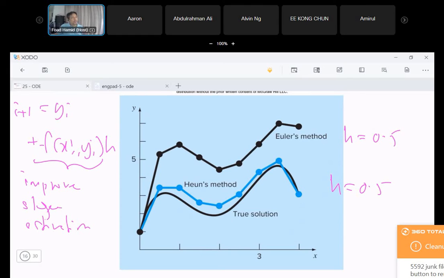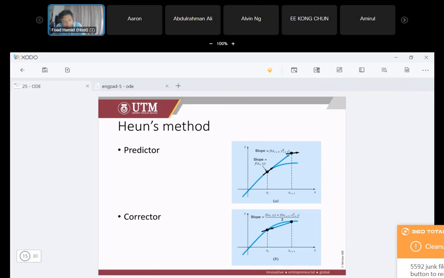So of course, we cannot do anything else with h because we are done with h. So the next thing to do is to improve the slope.